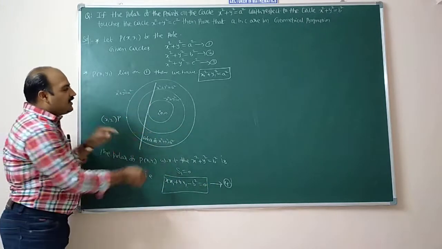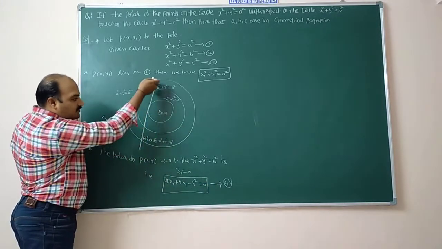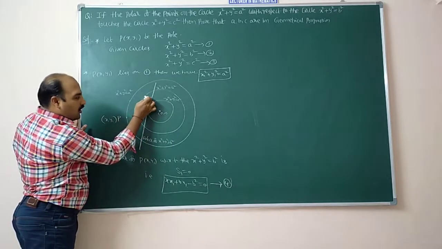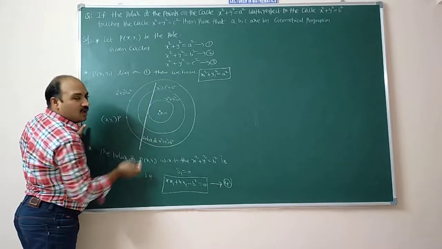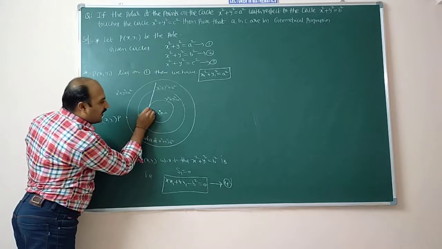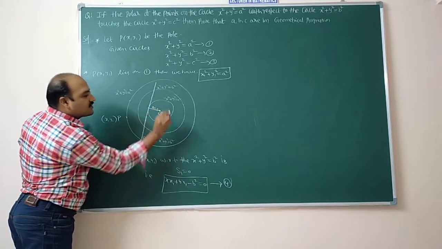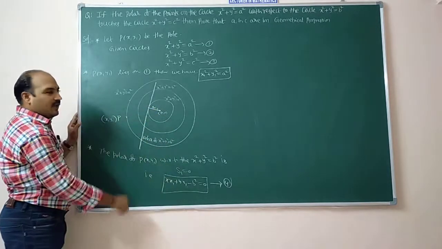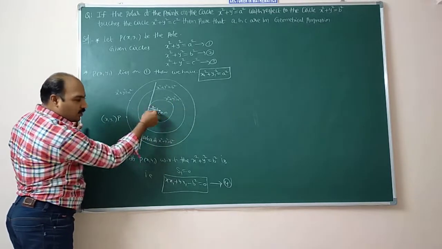This polar equation touches the third circle. Observe that in this diagram, this polar equation touches the third circle. Whenever a line touches the circle, radius should be equal to perpendicular distance. So r is equal to d. For this circle, radius is c units.